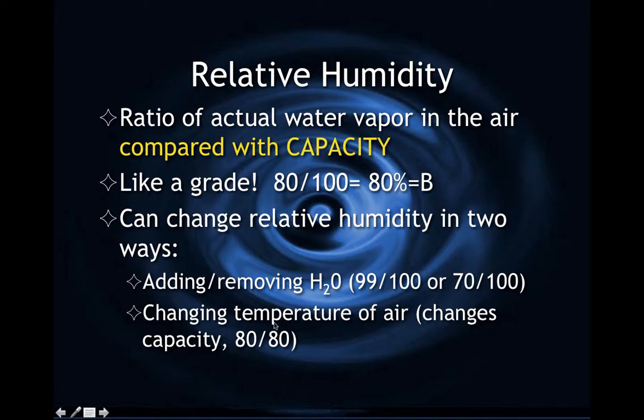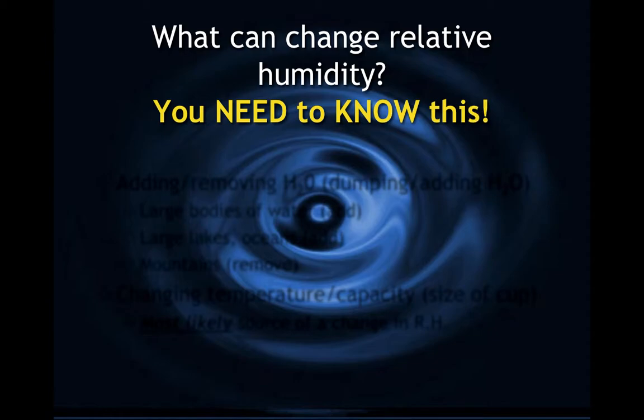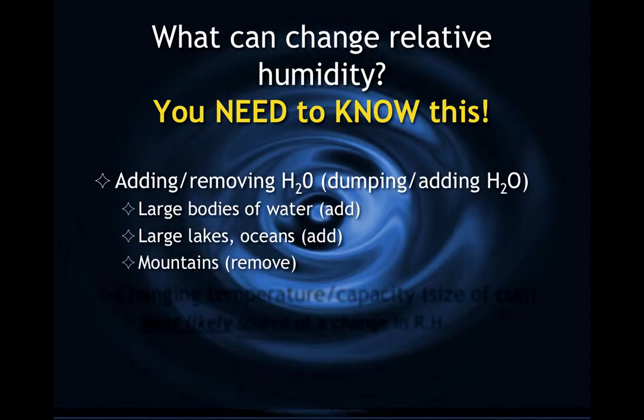Now, what happens if we get to this situation where we have like 80 over 80? Oh, I forget. Okay, so don't forget, what can change relative humidity? Adding or removing water. This happens with large bodies of water, like large lakes and oceans. Not like the Platte River, not like the Missouri River. It's got to be big like the Great Lakes or oceans.